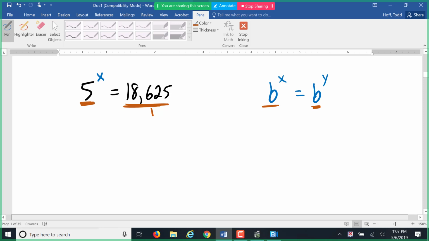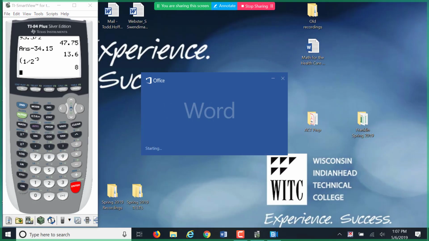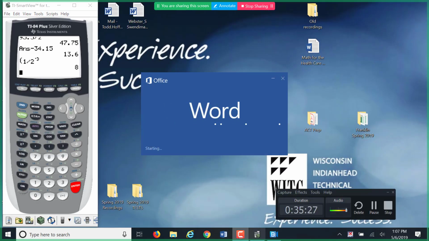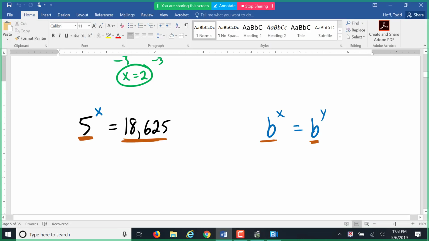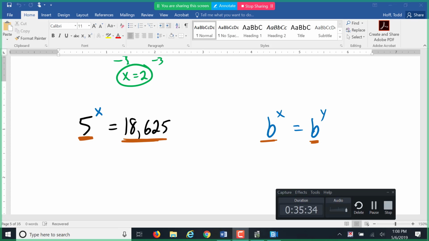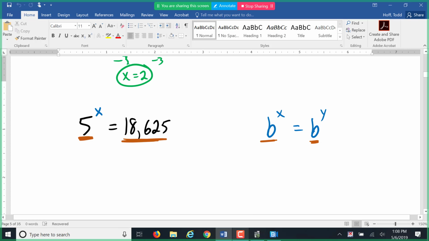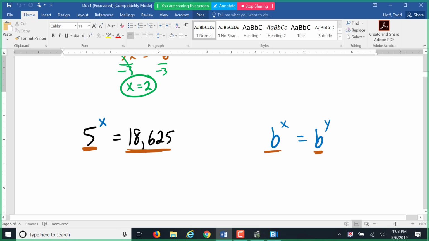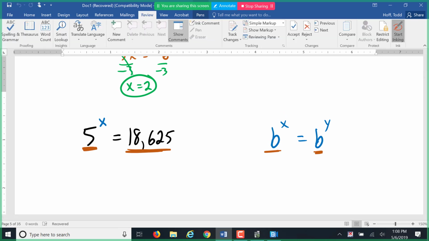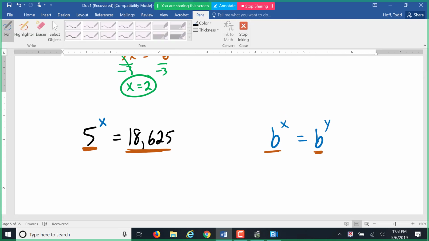Can 18,625 be expressed as a power of 5? If you do some exploring on your calculator, 18,625 is 5 to what power?